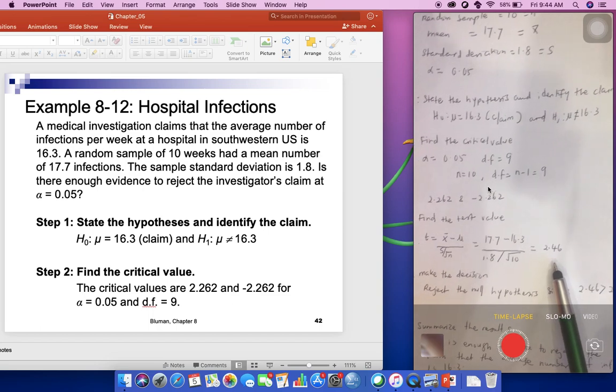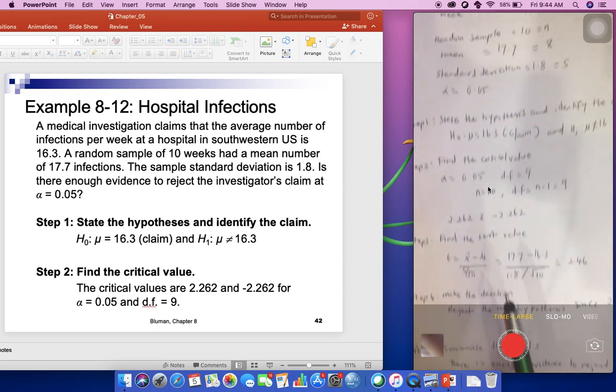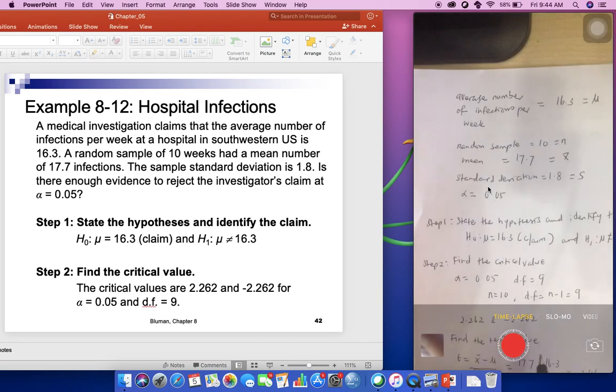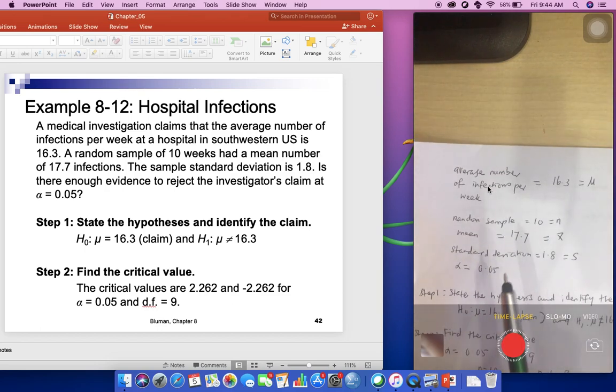Before step 3, you must find the critical value. We know that alpha is equal to 0.05 and the degree of freedom is 9. How do you find the value for the degree of freedom? The degree of freedom comes from the value of the random sample.